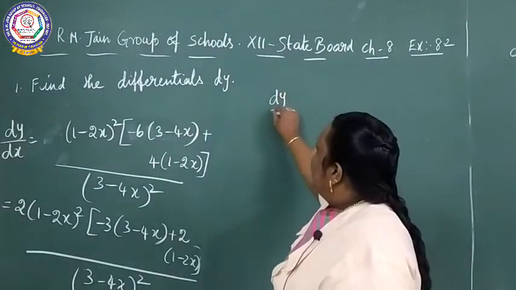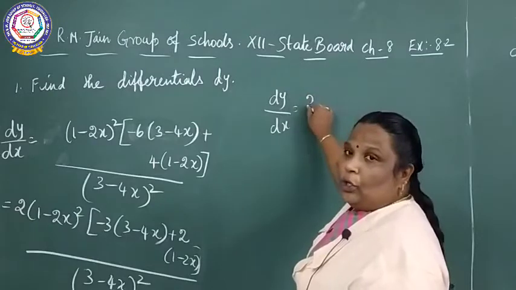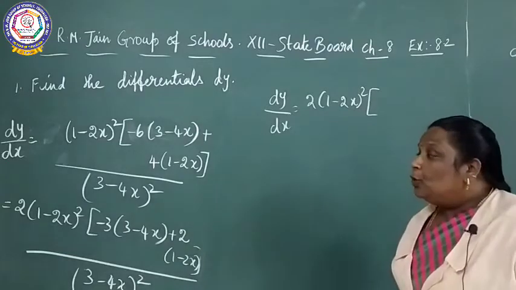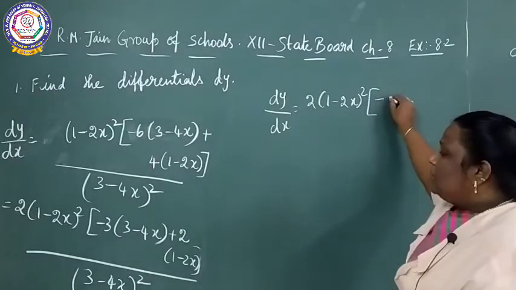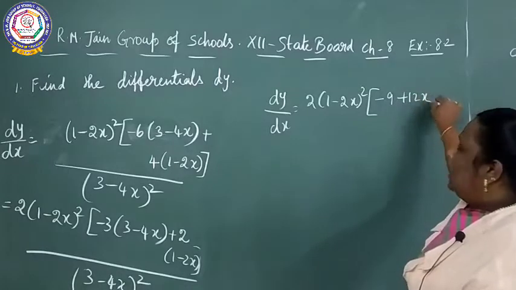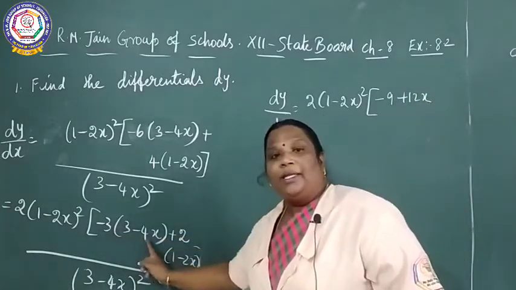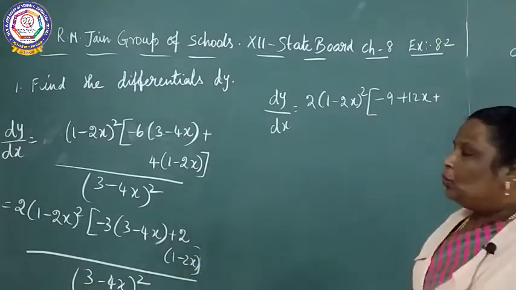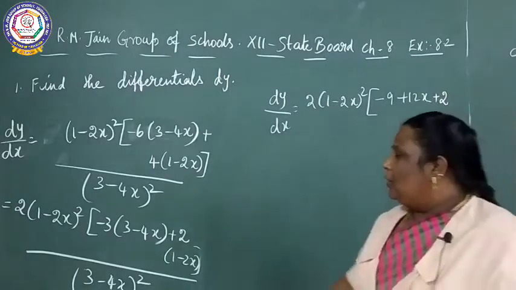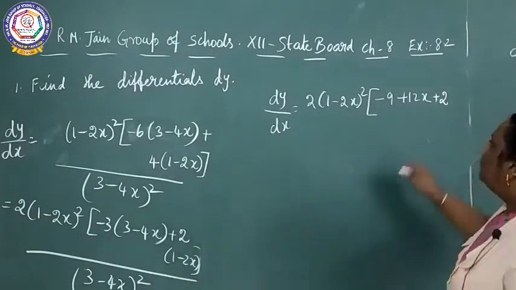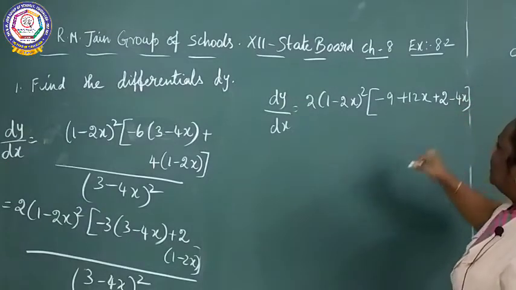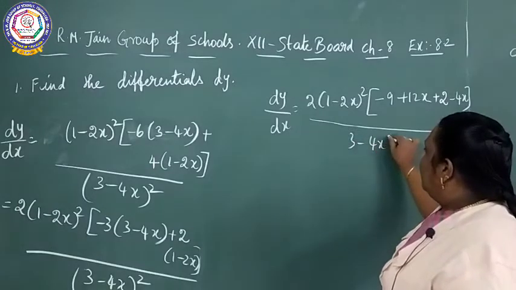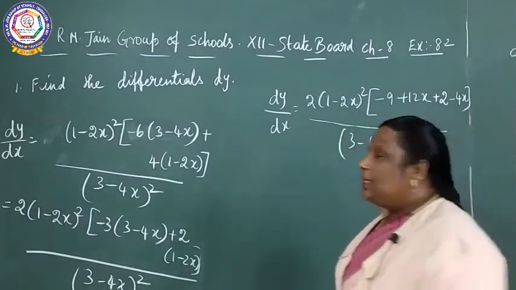dy by dx equals 2 into (1 minus 2x) the whole square into, you multiply minus 3 inside, it becomes minus 9 plus 12x, plus 2 into 1 is 2, 2 minus 2x becomes minus 4x, by (3 minus 4x) the whole square.